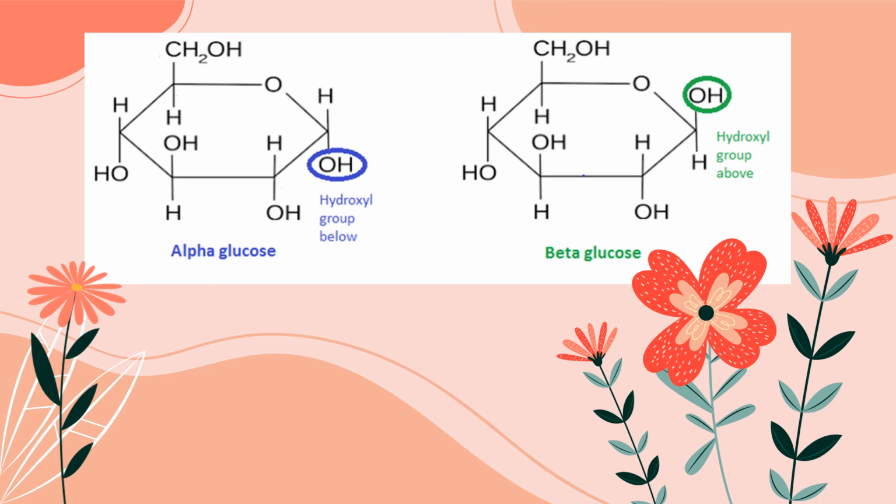The difference between alpha glucose and beta glucose in the structure is that the hydroxyl group for alpha glucose is below, while for beta glucose, the hydroxyl is above.